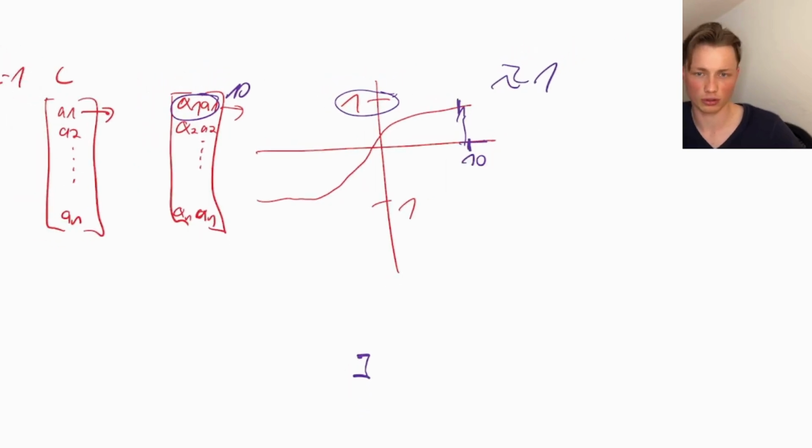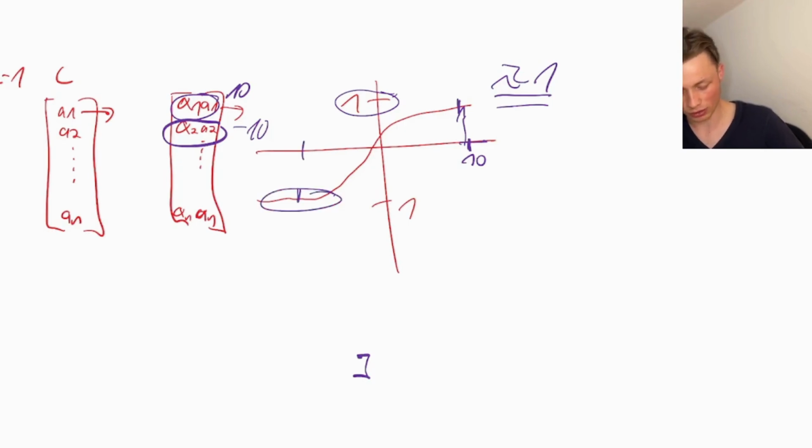So not completely 1, but it won't get larger than 1. And in the same way, if we get really low values, like -10, we are here, and we also get -1 as the output. So we have a normalization for each dimension.